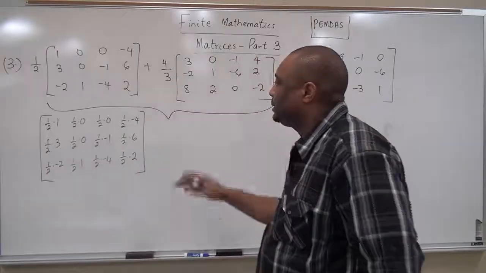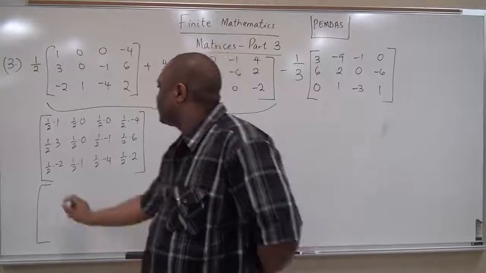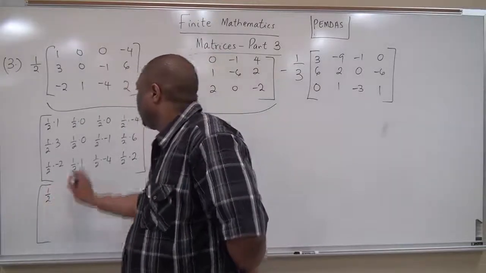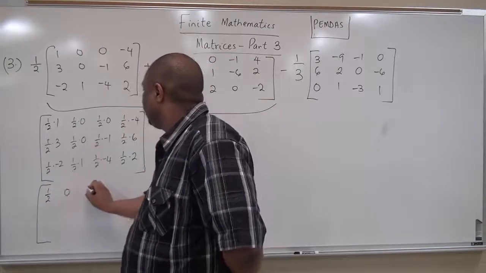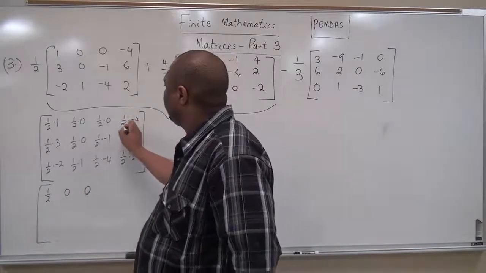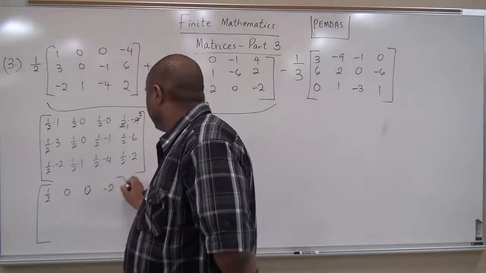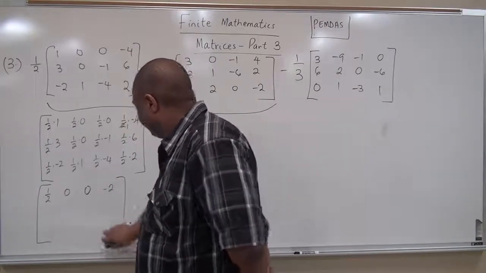So if we do this, what is it going to give us now? This will be 1/2 times 1 is 1/2, 1/2 times 0 is 0, 1/2 times 0 is 0, 1/2 times -4, 2 divided by 2 is 1, 2 divided by 4 is 2, so this is -2. We close this.